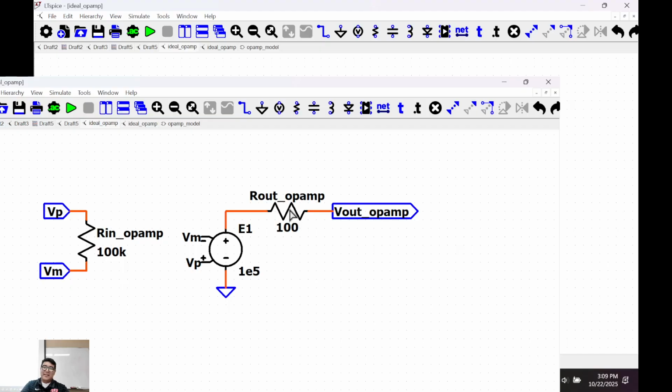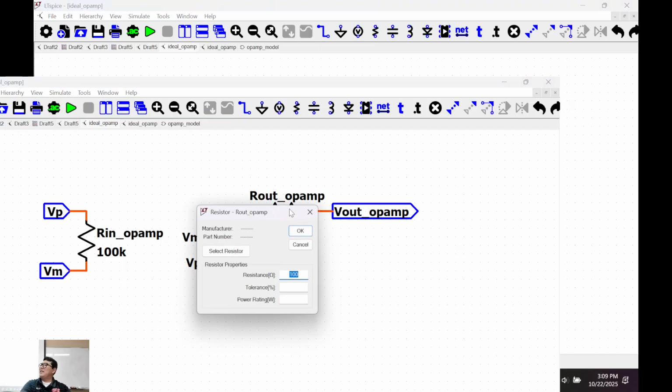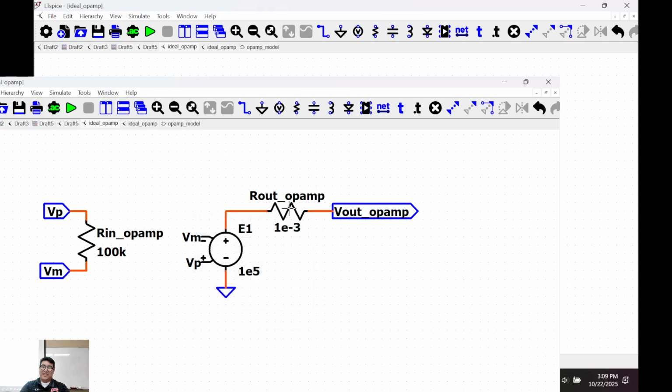Control S. For our ideal op amp, the output resistance is going to be, let's just do 1E minus 3 for a 1 milliohm resistor. It has to be, if you put 0 there, it's not going to work, because LTSpice needs to have some little bit of resistance.